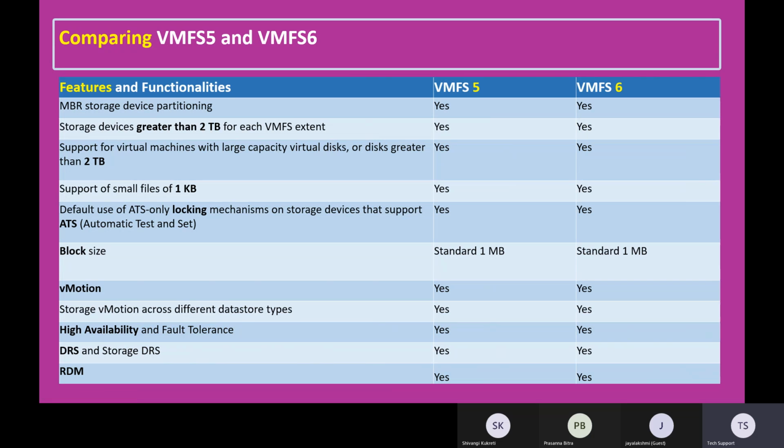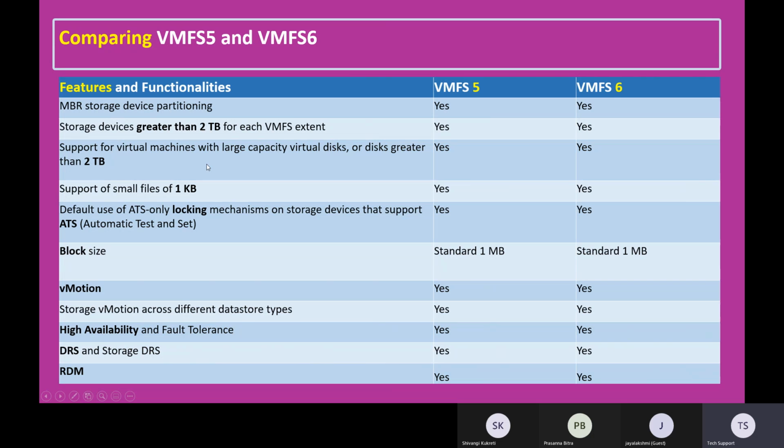Normally when you install a Windows operating system, by default the first partition is stored in an MBR partition only. Even VMFS supports MBR storage device partitioning. And storage devices greater than 2 TB: suppose your storage size is greater than 2 TB for each VMFS extent. Each VMFS extent means each VMFS data store is more than 2 TB. If you want to configure that, both versions are compatible.